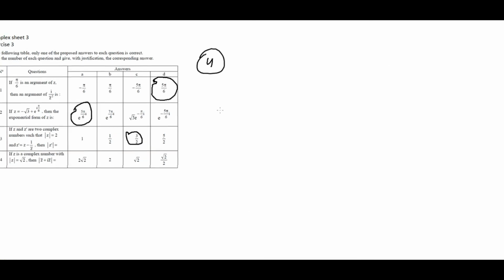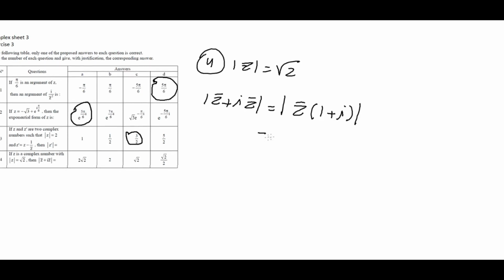A complex number with modulus of z equal to radical 2, that's given. Okay. Then the modulus of z bar plus i z bar. So let's take z bar common. Simply it is equal to the modulus of z bar times (1 plus i), and it's equal to the modulus of z bar times the modulus of 1 plus i.